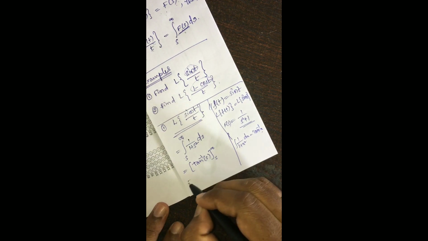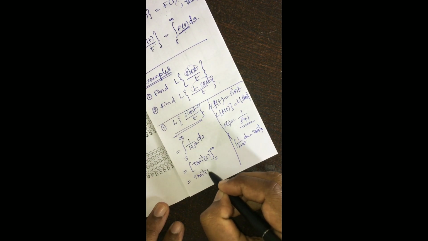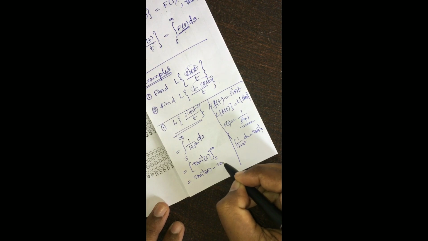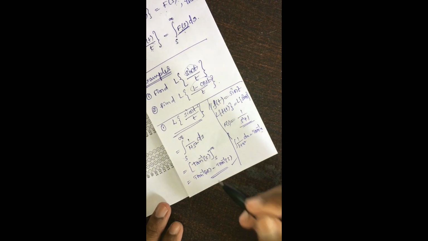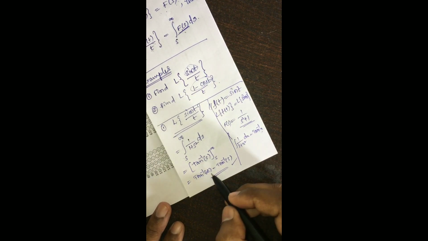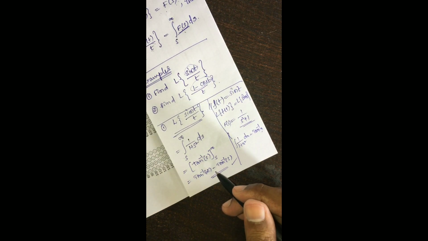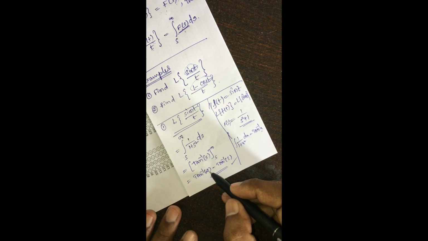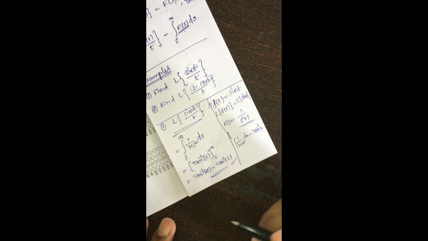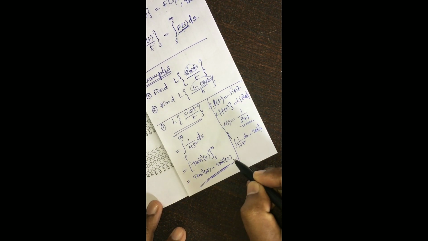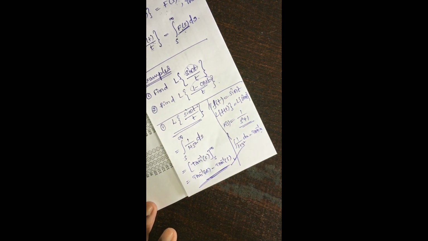Now substitute the limits: tan inverse infinity minus tan inverse s. Tan inverse infinity means 90 degrees, and tan inverse s you can write as it is.